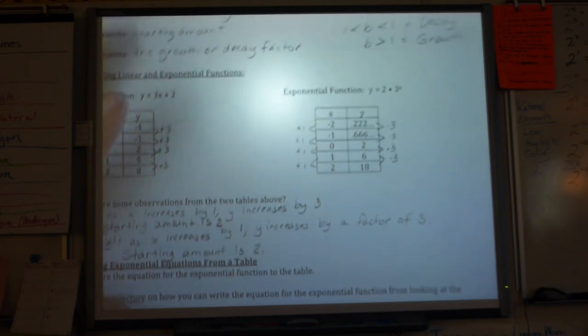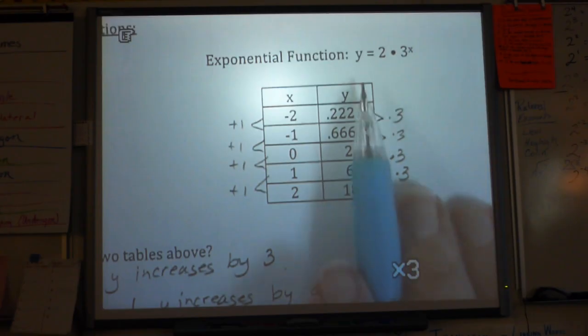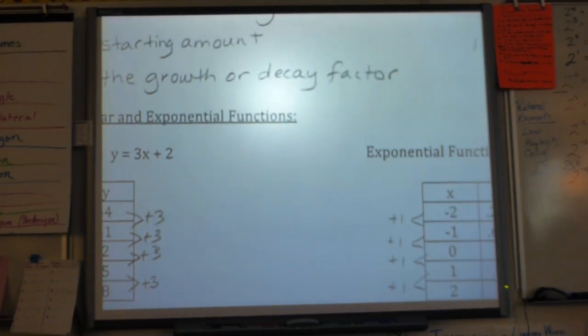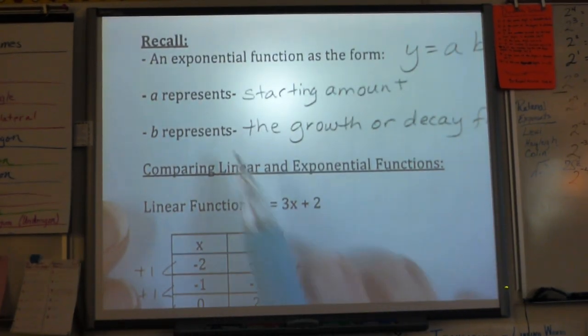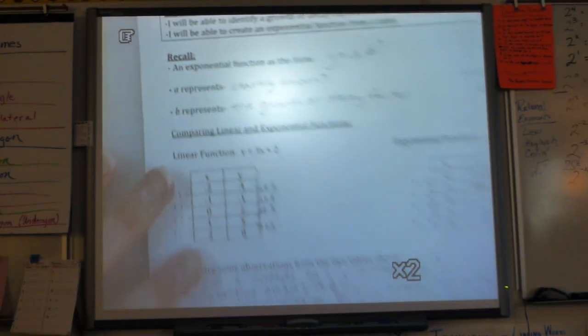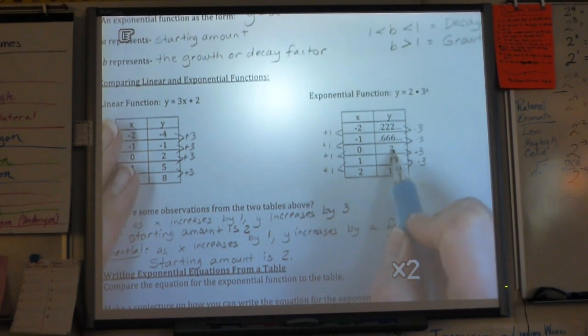Okay, so let's take a close look here. What do we notice? We notice that our starting amount is 2, okay? And we just said in our formula, A represents the starting amount. So A, if I look at my table, when x is 0, that's my starting amount, y equals 2.